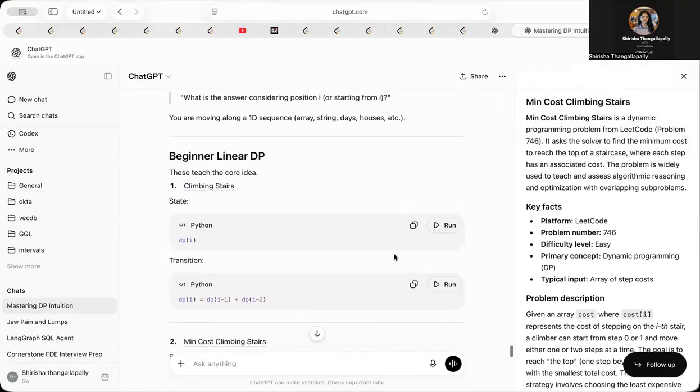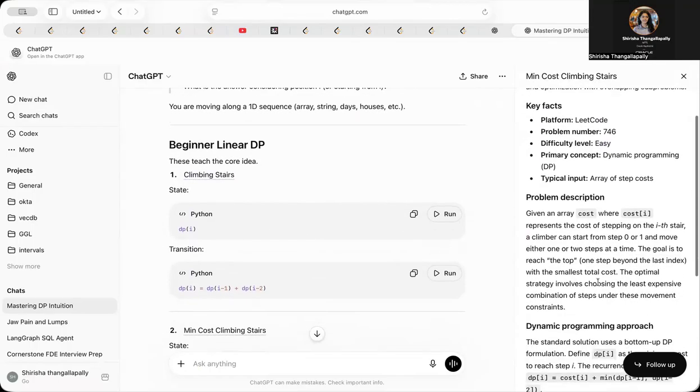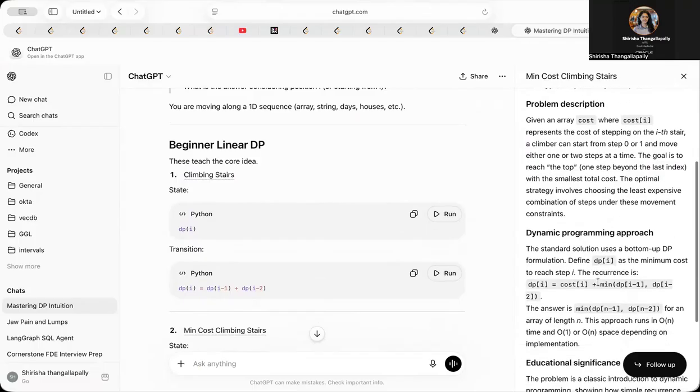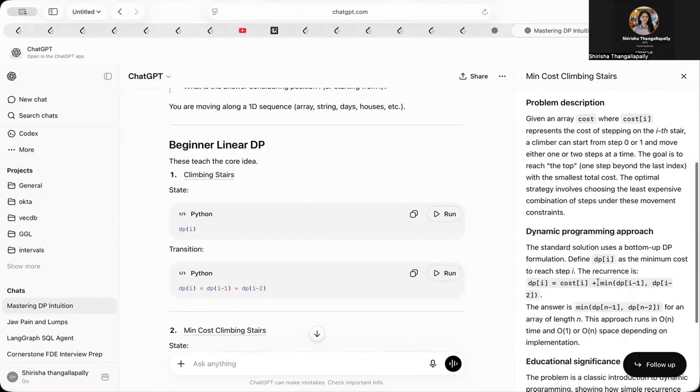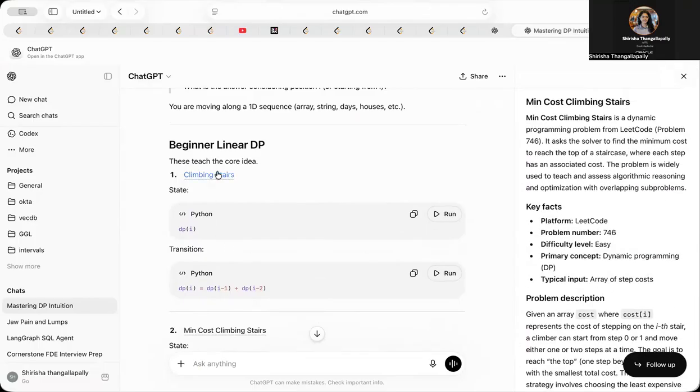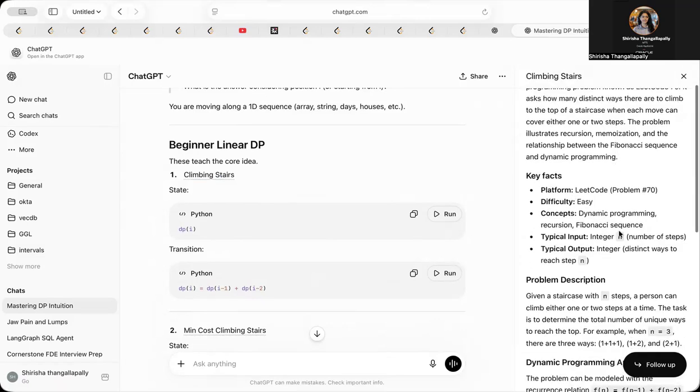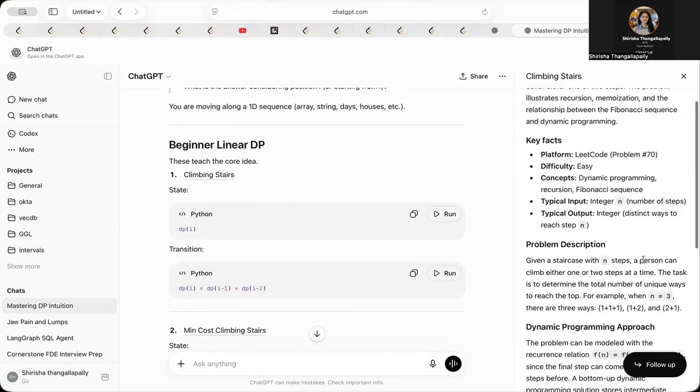Climbing stairs. Given n steps, and either one or two steps at a time, find how many unique ways are possible to reach the top step.